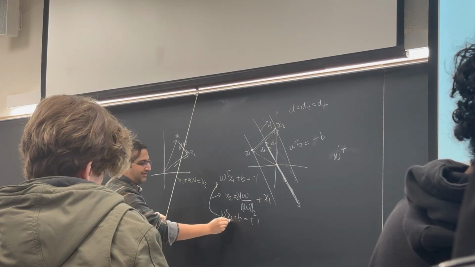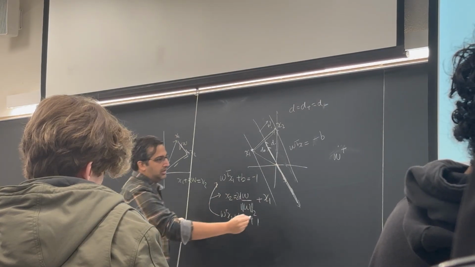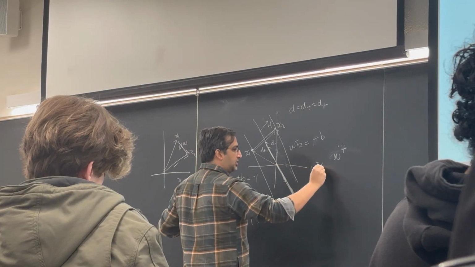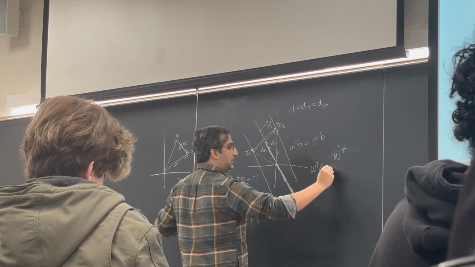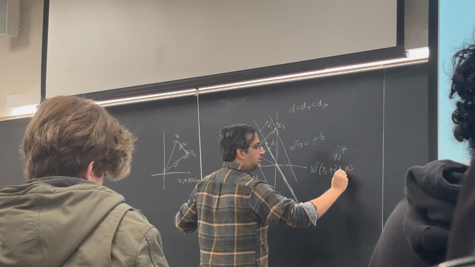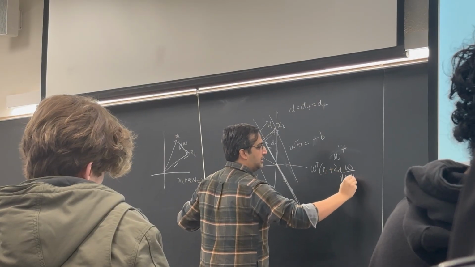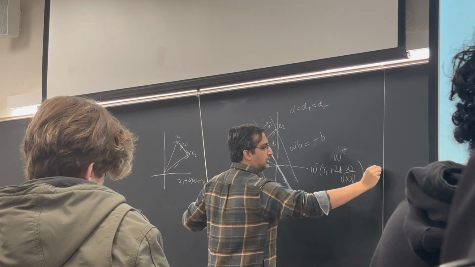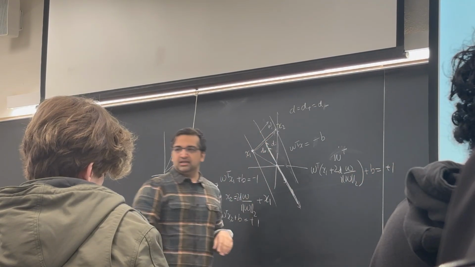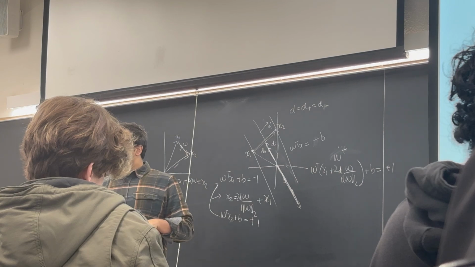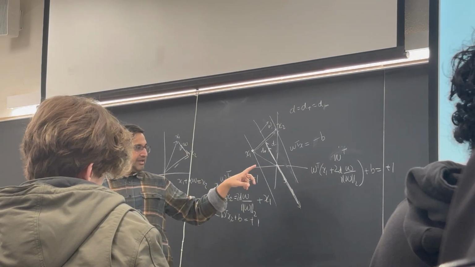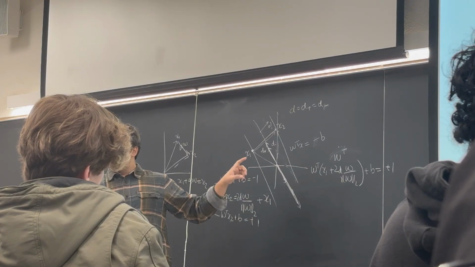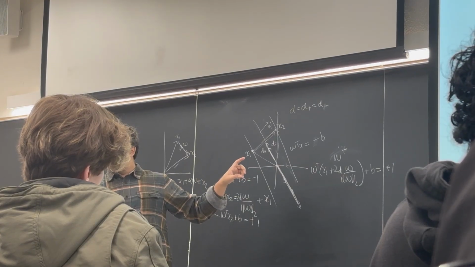Essentially, I can plug in the value of x2 from here to here, which gives me W transpose x1 plus 2D W by norm of W plus B is equal to plus 1. Yes? If I make a mistake here, that's basically a test for all of you to make sure you guys are following along. There's no mistake here, right?